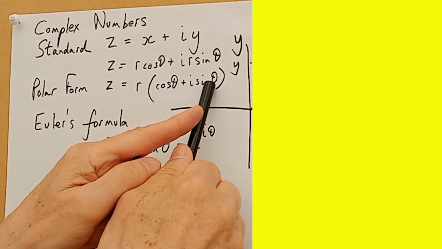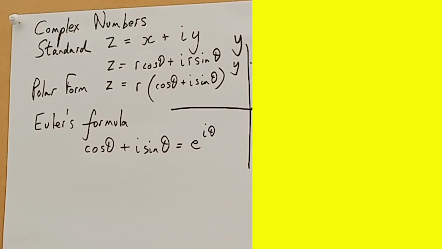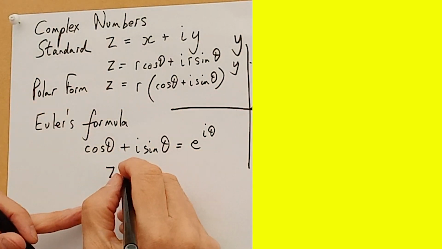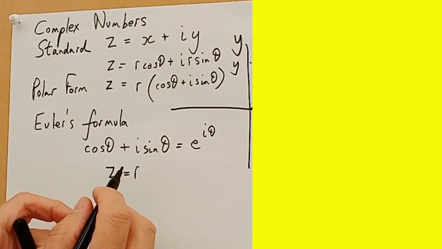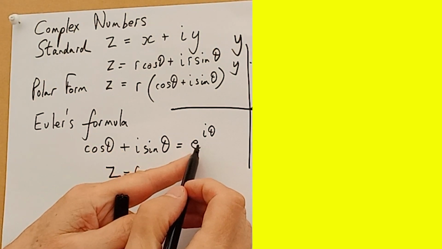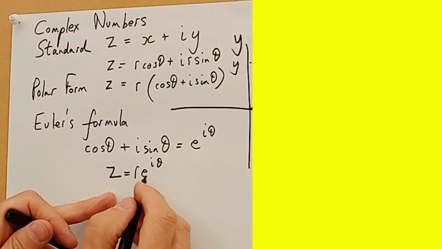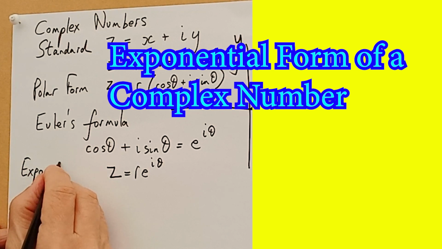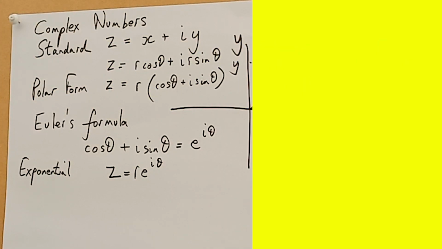So if we swap that for e to the i theta, we'll have the exponential form of the complex number. So we write this again. z equals, leave the r where it is, and then cos theta plus i sine theta we write as e to the i theta. And that is called the exponential form of a complex number. So three different ways of writing the same thing.